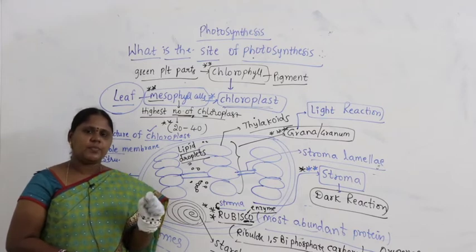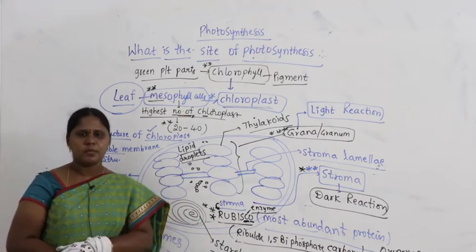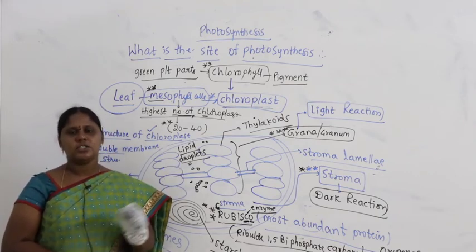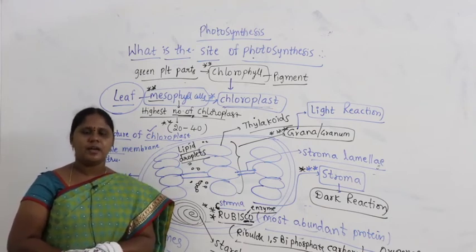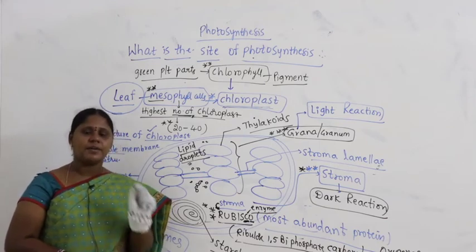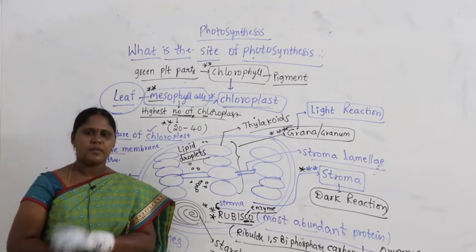Symplast also happens by cytoplasmic streaming. You remember the cytoplasm keeps moving from one place to another. Initially the movement of chloroplast was observed in the hydrilla leaf, the hydrilla plant, right? That is one point we discussed.